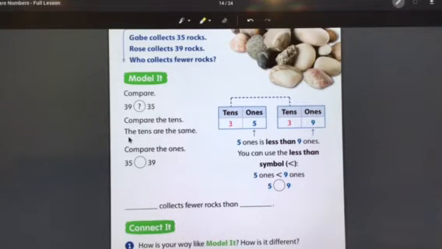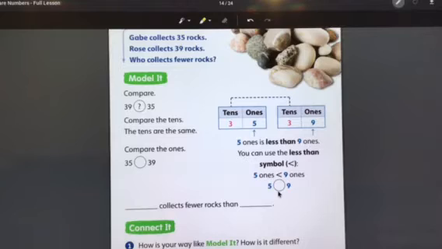If the tens are the same, you need to compare the ones. 5 ones is less than 9 ones. You can use the less than symbol. Do you see how they did that here? Less than has the pointy closed part facing the number that is less than. 5 ones is less than 9 ones.